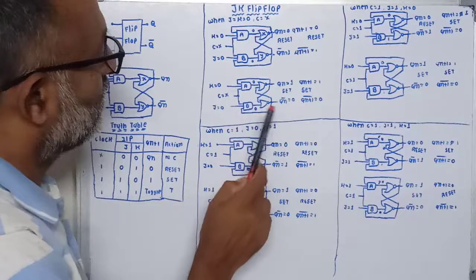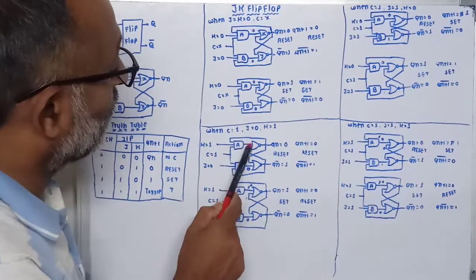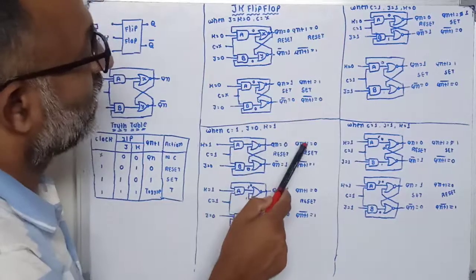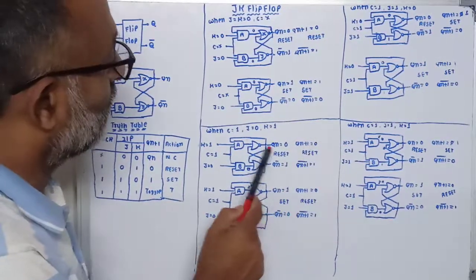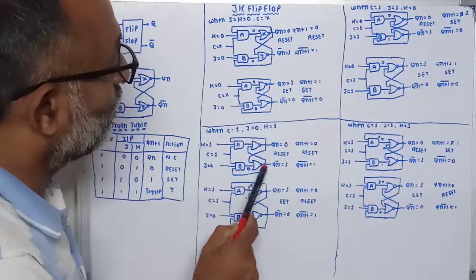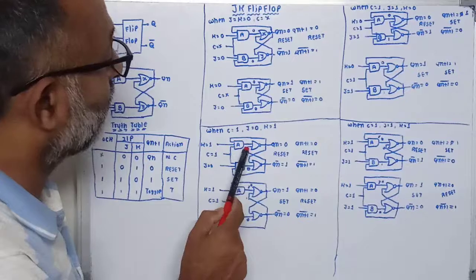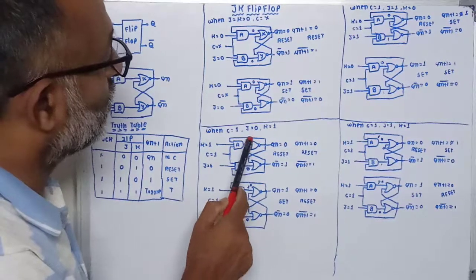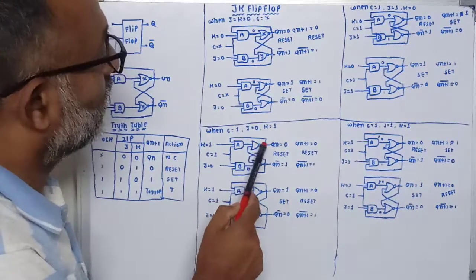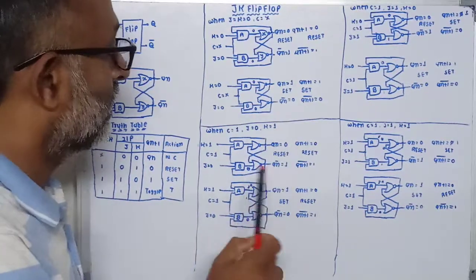Here it is 0, so 0 plus 1, 1, and Qn plus 1 is equal to 0. Now this 0 is available here, 0 plus 0, 0 and 1, and 1 is again available here, so 0 plus 1, 1, and its inverse 0. That means our flip-flop remains in reset condition.